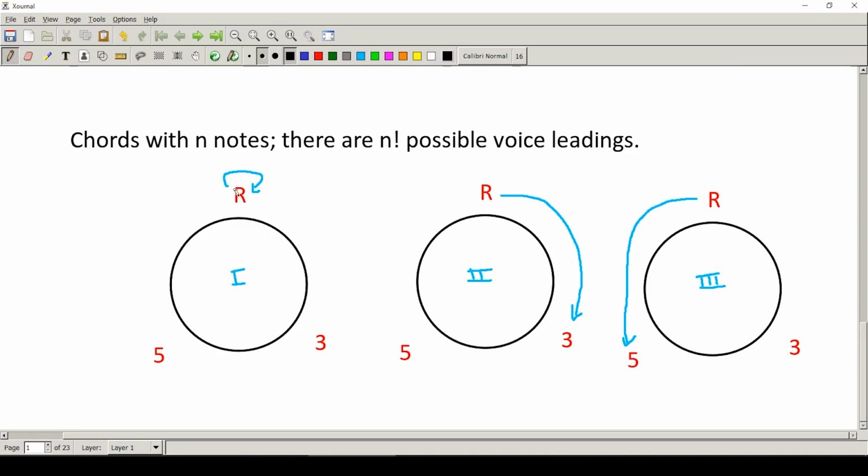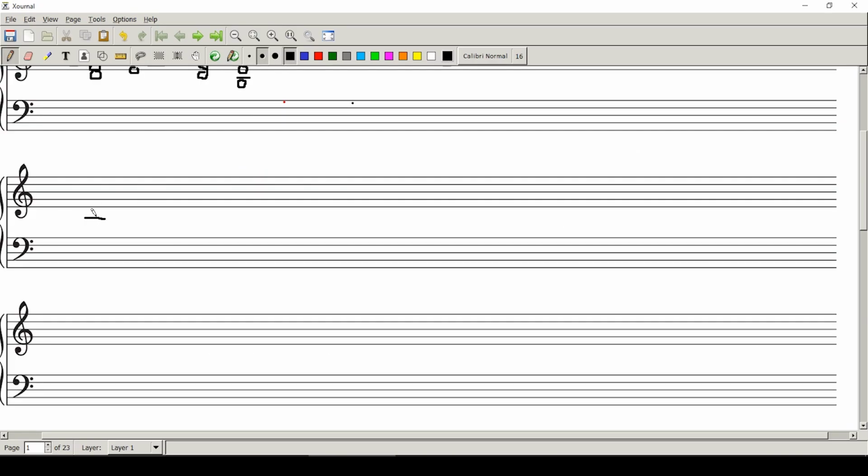Now the first possibility, when the root stays the root, is musically not especially interesting. For triads, a situation like the root becomes the root tends to happen in circumstances like this. For example, if I start with C major and I raise everything to C sharp major, that is, I just take a sharp and apply it to all three of the notes.